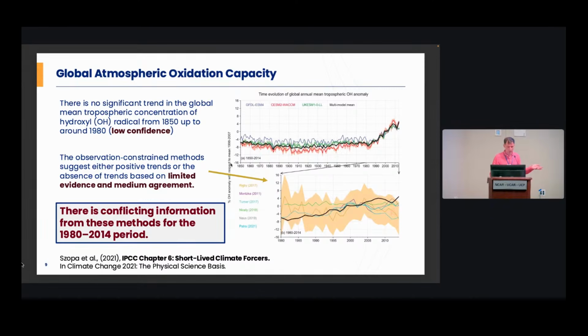So we don't know about the trend in OH, whether it's from models at the top or from the methyl chloroform estimates at the bottom, because of those large uncertainties. And models respond to increasing NOx and CO and ozone with an increasing source of OH and a larger OH over time, but the methyl chloroform doesn't really support that.